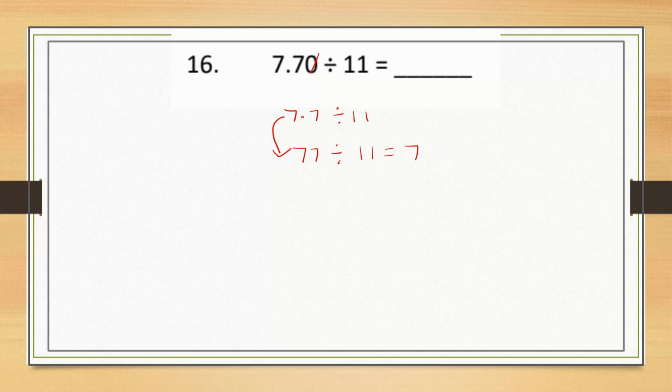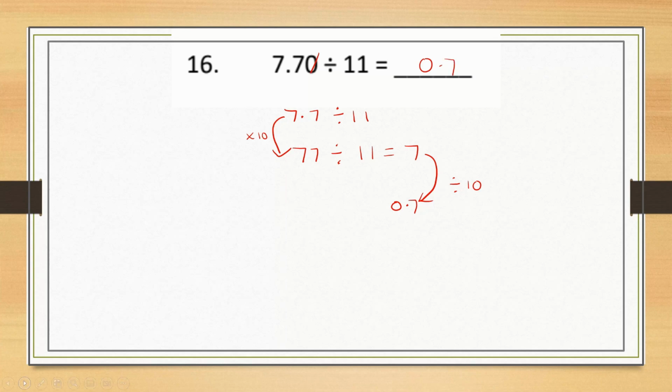What's the relationship between 7.7 and 77? I've made it 10 times bigger. So this answer, 7, is 10 times too big for the answer that I need to the question 7.7 divided by 11. So what am I going to do to it? I'm going to make that 10 times smaller. What is 7 divided by 10? It's 0.7. So that's how you do those questions.